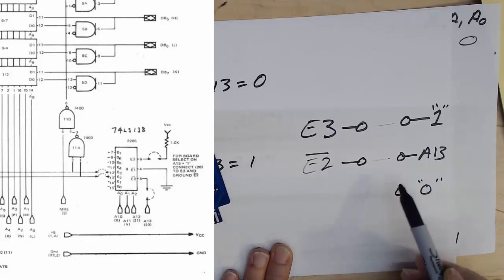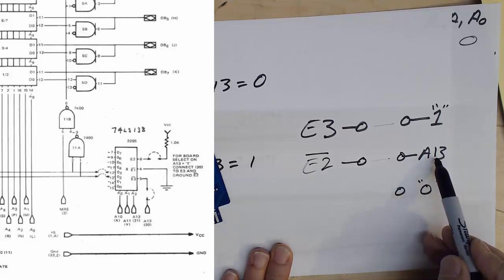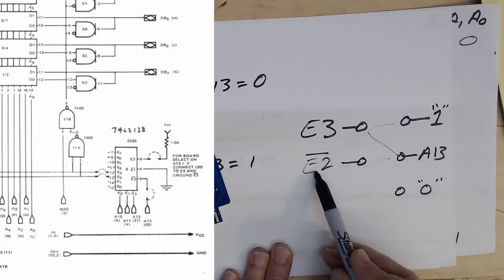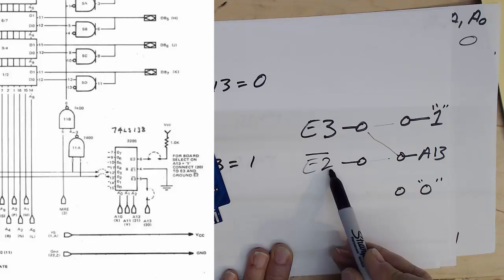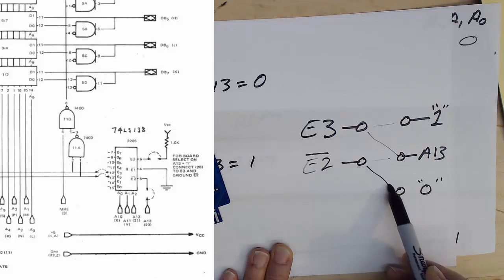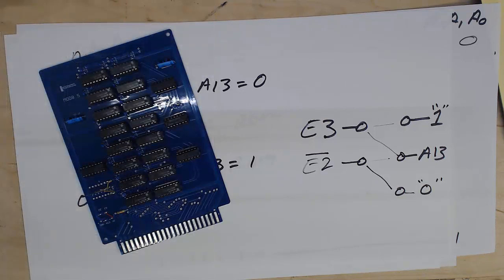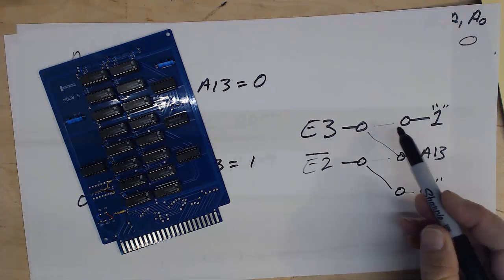If we want A13 to be high when this board is enabled, then we would bring the jumper from E3 down to A13. And now E2, to make that enabled, has to be low, so we would take that down to the 0 jumper. Okay, so jumpering is fairly simple. The only thing is that there's obviously tremendous opportunity for error here. Now just some little rules of thumb we can see when we look at this.